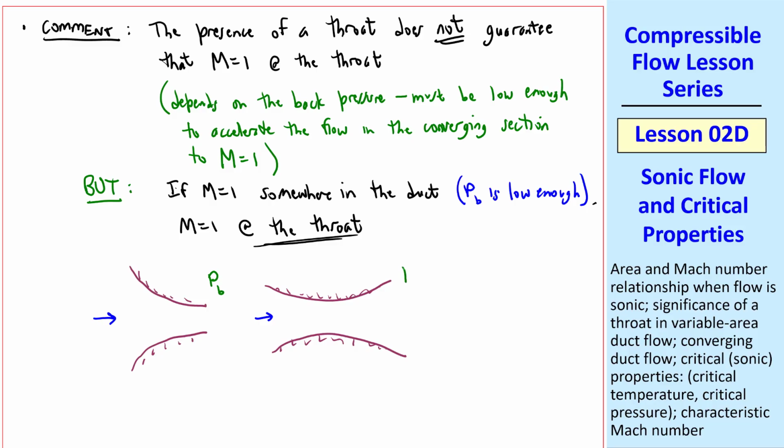If back pressure P_B is low enough, the only place you can have Mach number 1 is at the throat in either of these cases. Mach number will not be 1 anywhere else in this duct. And this turns out to be true whether the flow upstream is subsonic or supersonic, since we have to have a minimum area to have Mach number equal 1.